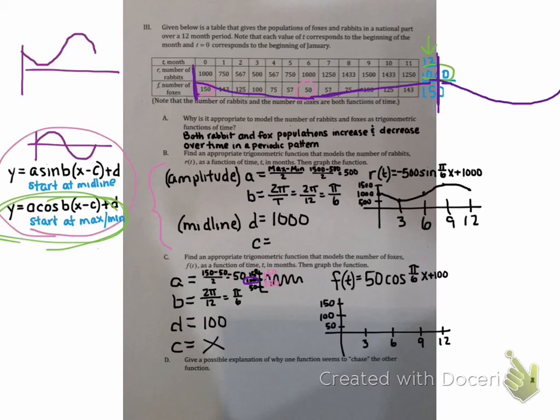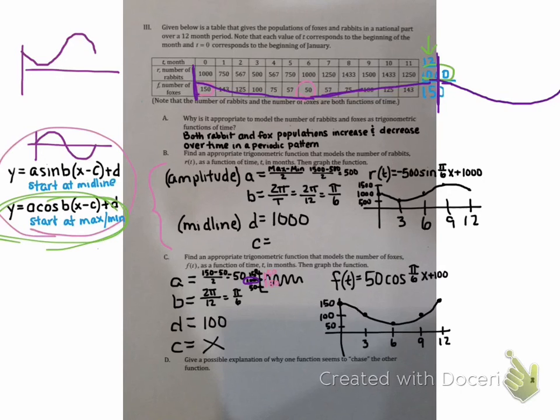This is cosine, so I'm going to be starting up at 150. And cosine then drops down to the midline, 1/4 of the way, then drops down to the minimum at the halfway point, and then goes back up to the midline, and then all the way back up to the maximum. And that is the graph of 50 cosine pi/6 x plus 100.